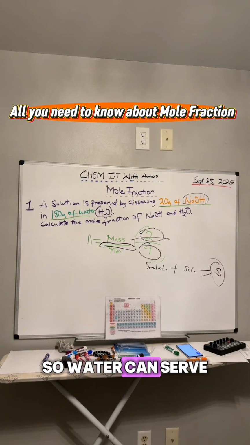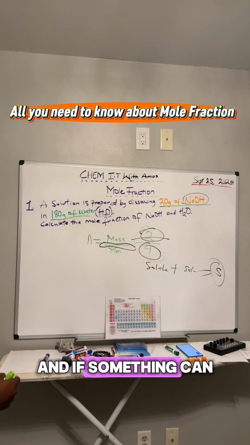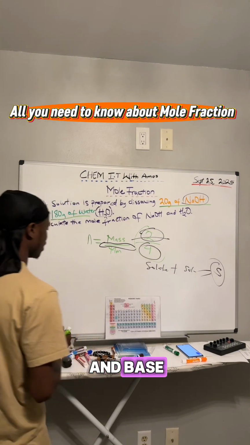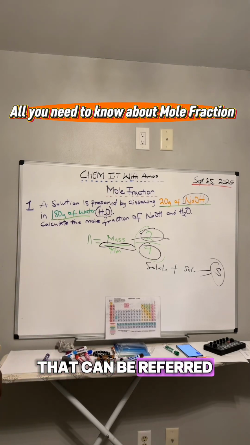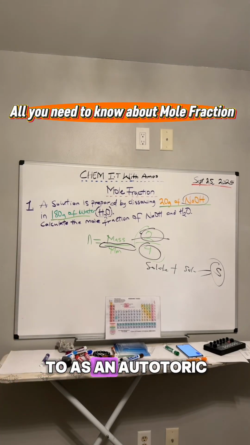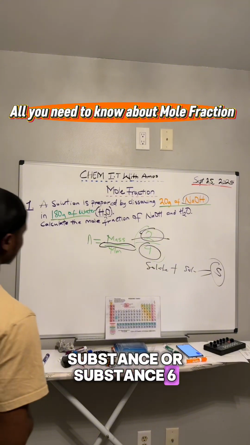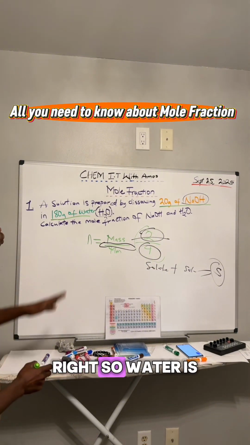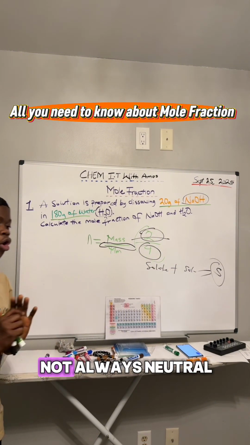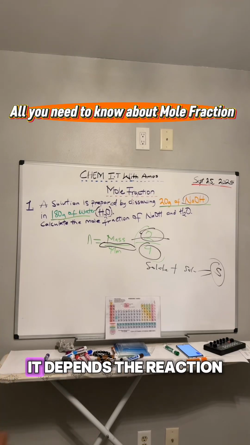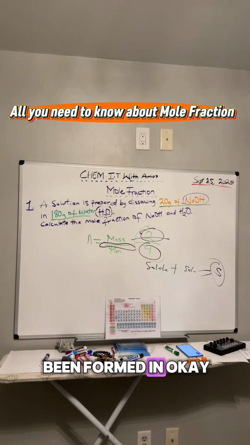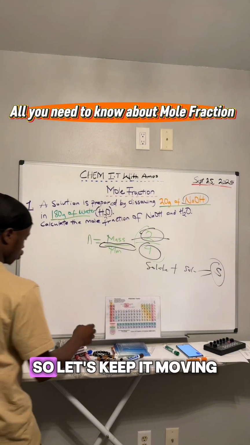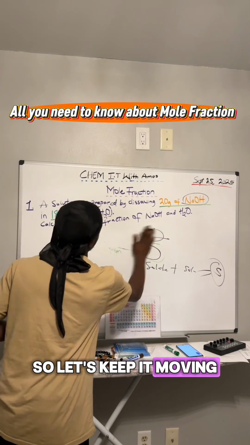If something can serve as both acid and base, it can be referred to as an amphoteric substance. So water is not always neutral. It depends on the reaction in which it has been formed. Okay, so let's keep it moving.